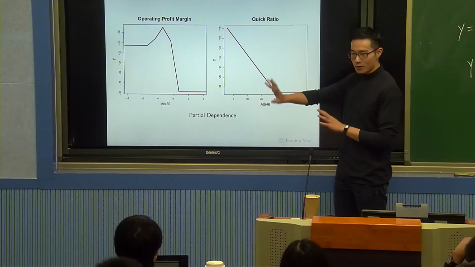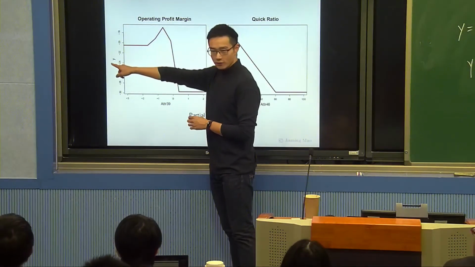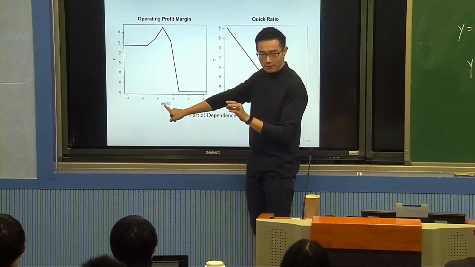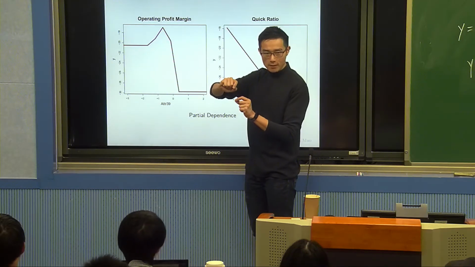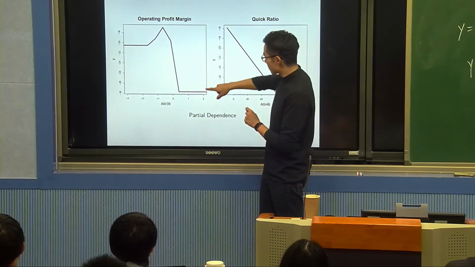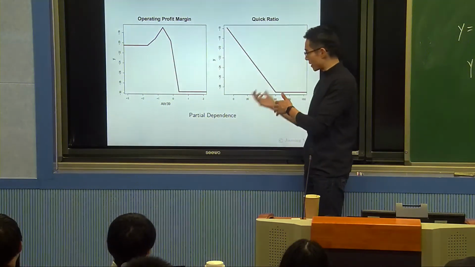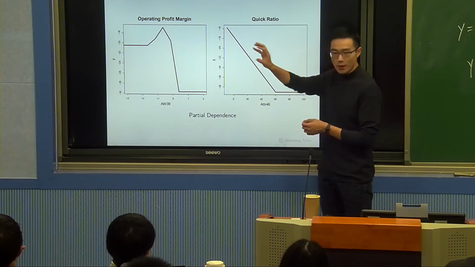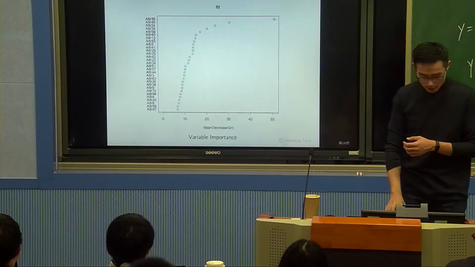Why these two variables, I'll explain in a second, but this is basically the derivative of f with respect to attribute 39, integrated over all the other variables. And here is the derivative with respect to this variable, integrated over all the other variables. This is called a partial dependence plot, and the function will automatically do it for you.